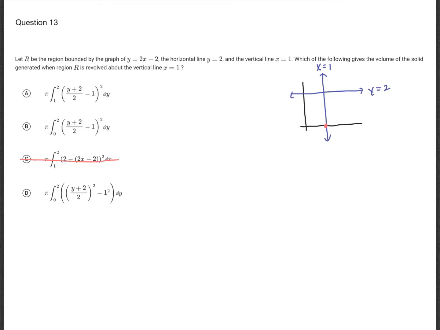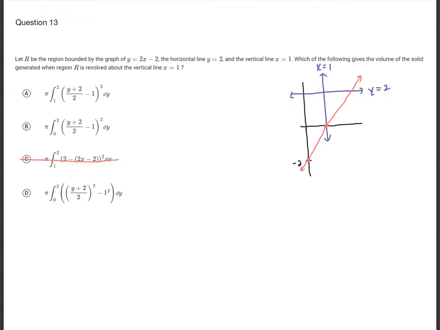Let's go down this way. This is really what we want.